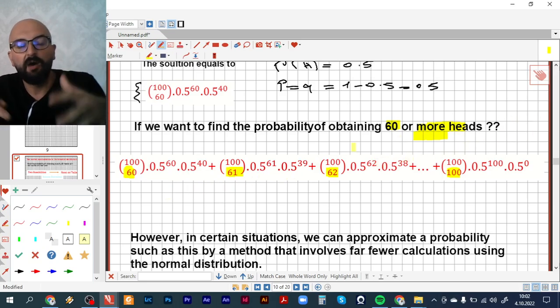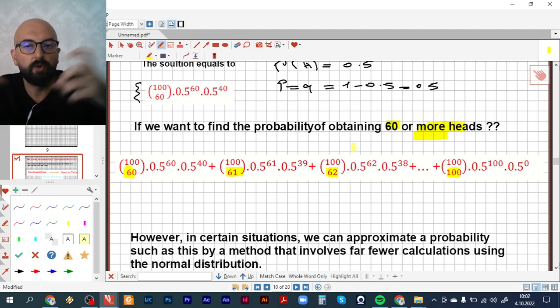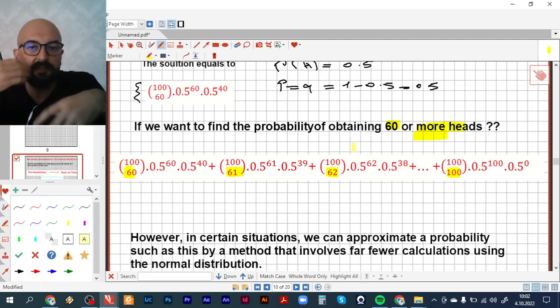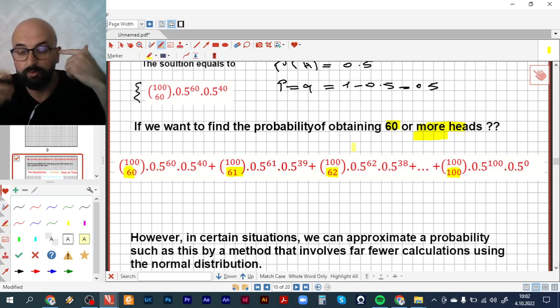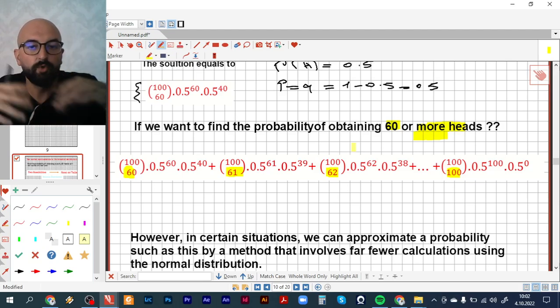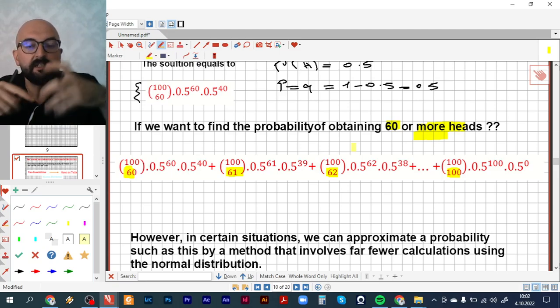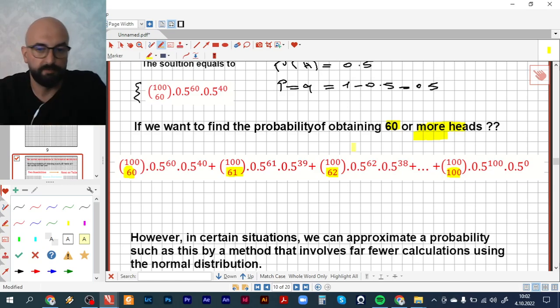Okay, now we will learn, if we have such a long situation, what we will do and how we can use the normal approximation to the binomial distribution.